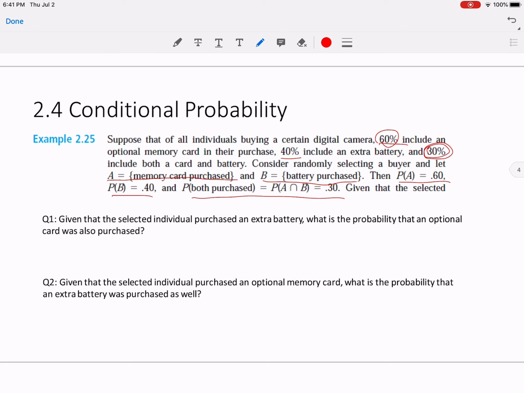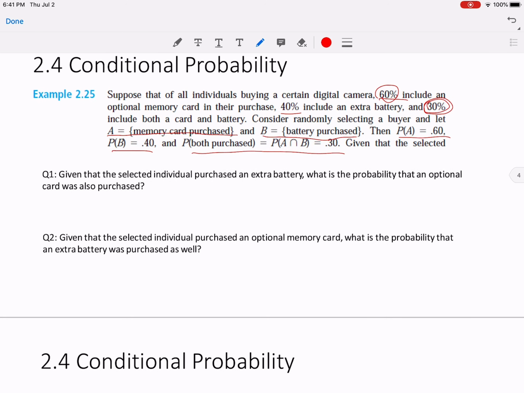So once we know those numbers in the problem, let's take a look at the question asking here. Given that the selected individual purchased an extra battery. So the extra battery is B, right? Given B. What is the probability that an optional card was also purchased? The optional card is denoted by A here.